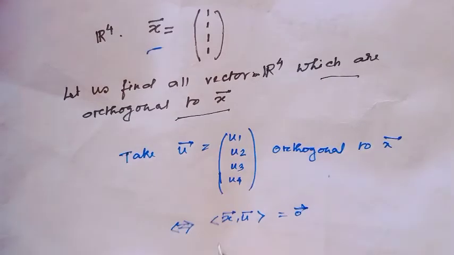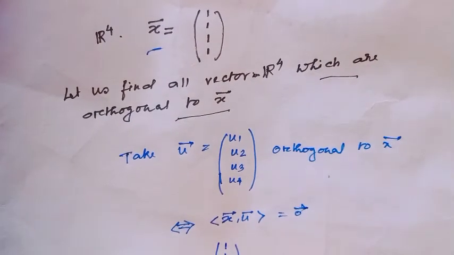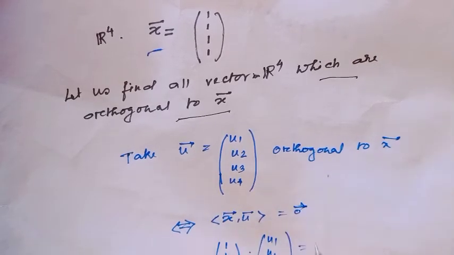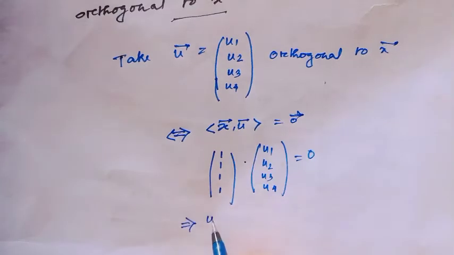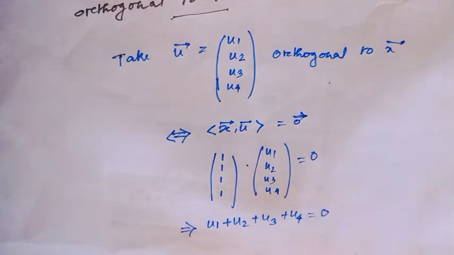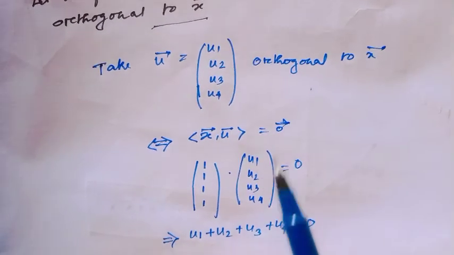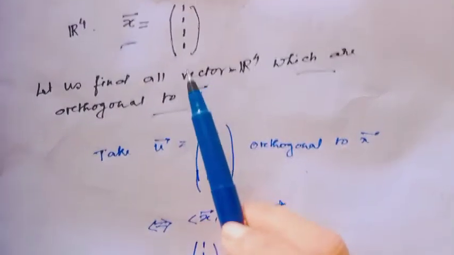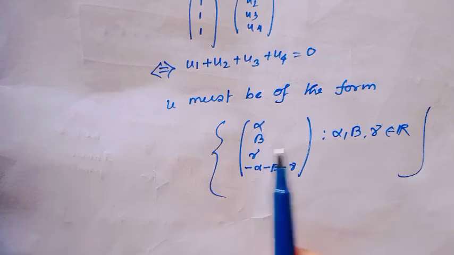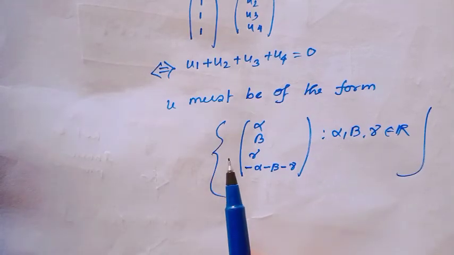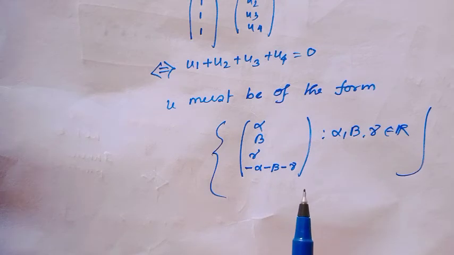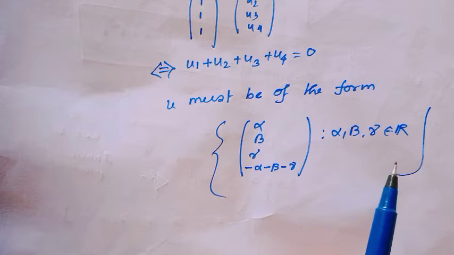That means (1, 1, 1, 1) dot (u1, u2, u3, u4) equals 0, and that implies u1 plus u2 plus u3 plus u4 equals 0. That means those vectors orthogonal to this x are those whose sum of components is 0. So they must be of the form (alpha, beta, gamma, minus alpha minus beta minus gamma), where alpha, beta, gamma belong to R.